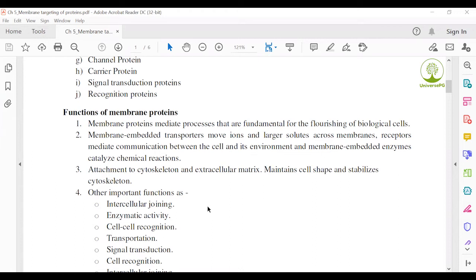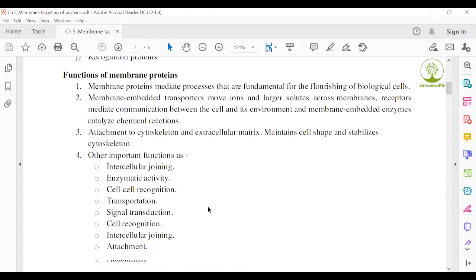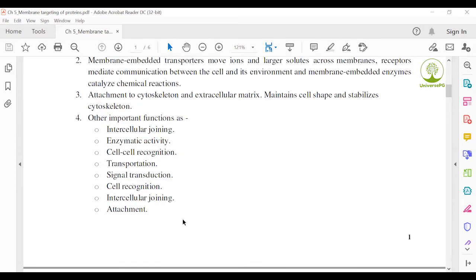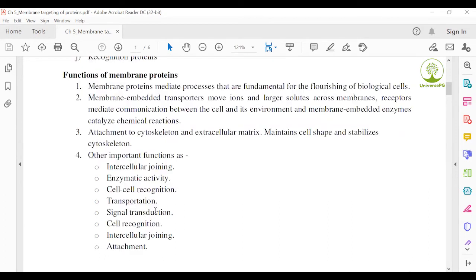Attachment to the skeleton and cellular matrix maintains cell shape and stabilizes the skeleton. Other important functions: intercellular joining, enzymatic activity, cell to cell recognition, transportation, signal transduction, attachment. Those are the other functions of membrane protein.